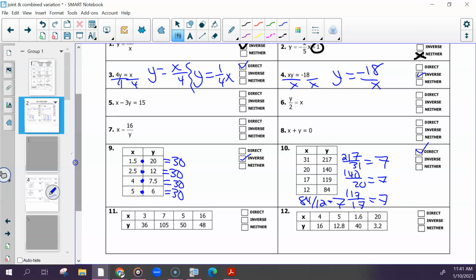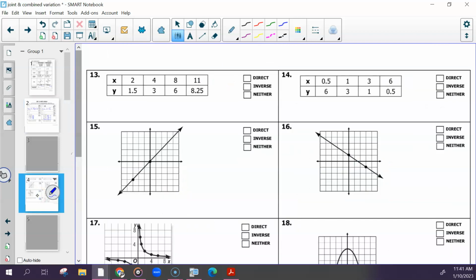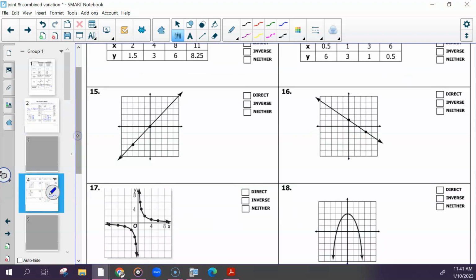Yes, we're going to do one on the next page. We are going to do 17. Okay? Great minds. 15, is that direct, inverse, or neither?